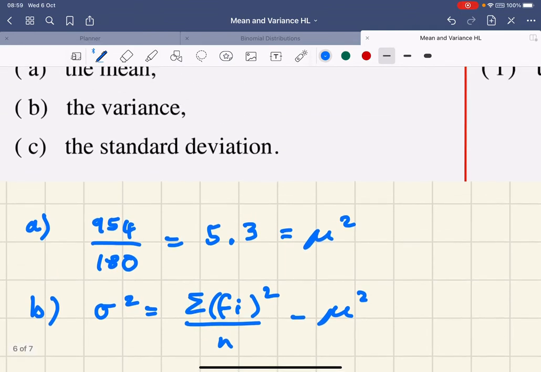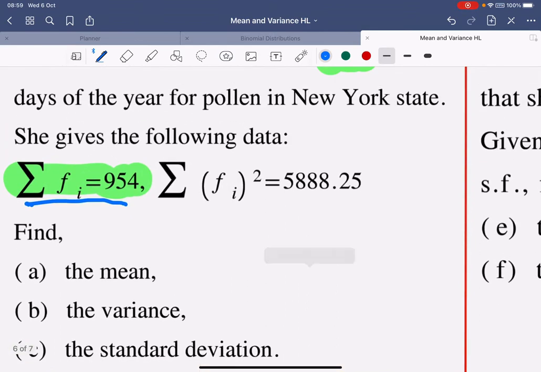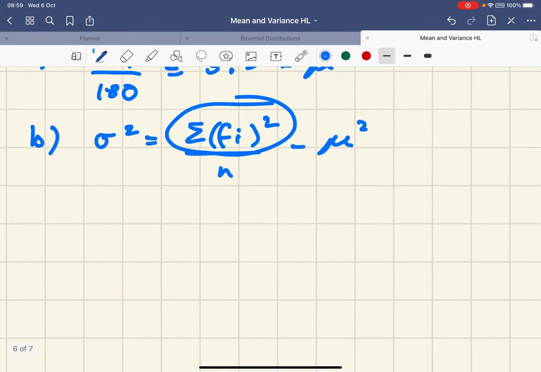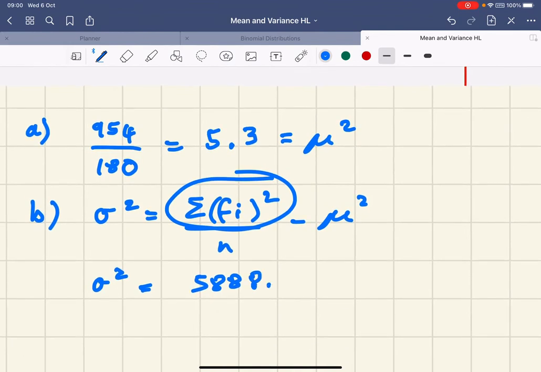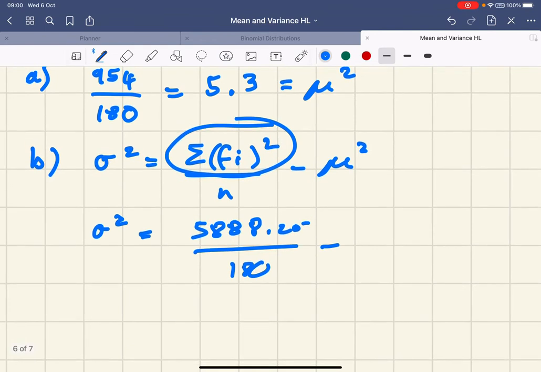So I've been given this one here in my question, 5888.25. So that's 5888.25, divide it by the 180, and then take away 5.3 squared.